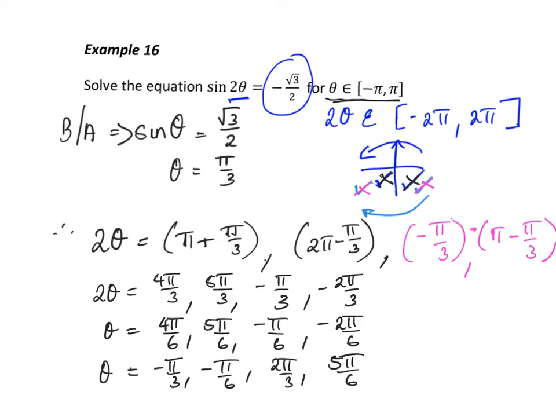If you now notice the solutions that I've got there for theta, remember my original theta was between minus pi and pi. So these answers that I have here should be within that domain. And are they? Is minus pi on 3 within that domain? Is 5 pi on 6 within that domain? They are, because if they weren't, then I've done something wrong.